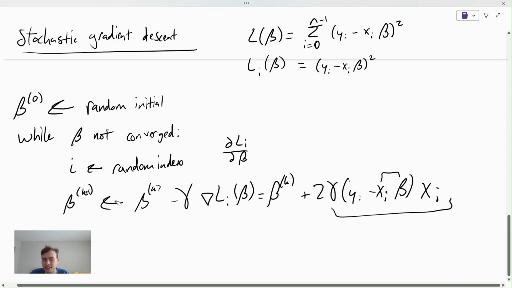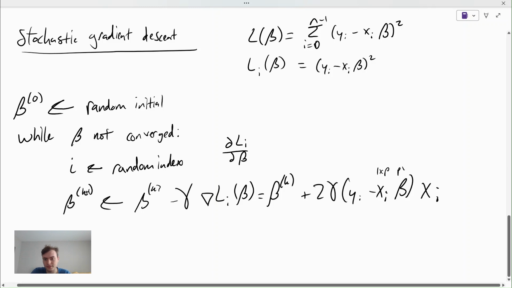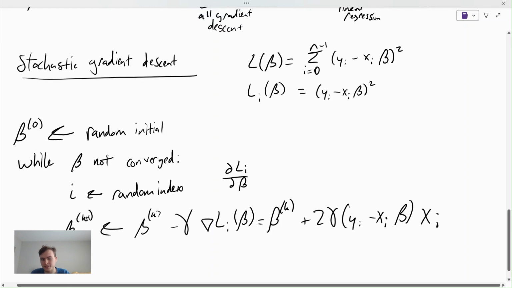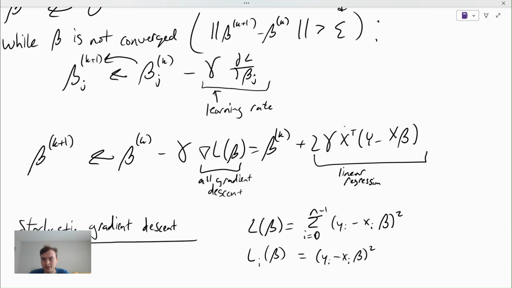For each beta j, it's actually just one vector multiplication, doing 1 by p and p by 1. That's really just p multiplications and p minus 1 additions, the dot product. So it's very fast to do a single iteration in stochastic gradient descent, versus up here, this thing is not very fast.